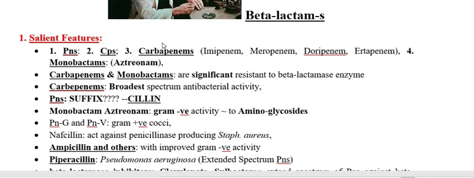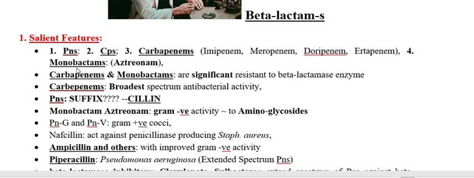Under the carbapenems, the drugs are imipenem, meropenem, ertapenem, doripenem, and in the last one, monobactams, only one antibiotic is there, aztreonam. So these penicillins, cephalosporins, carbapenems, and monobactams are the groups divided from the beta lactams.